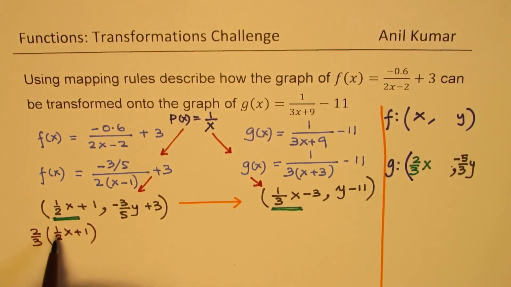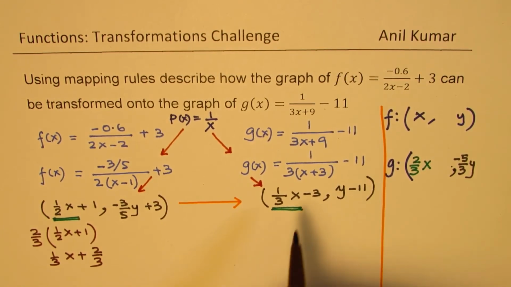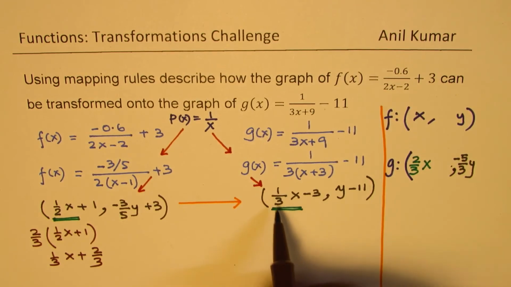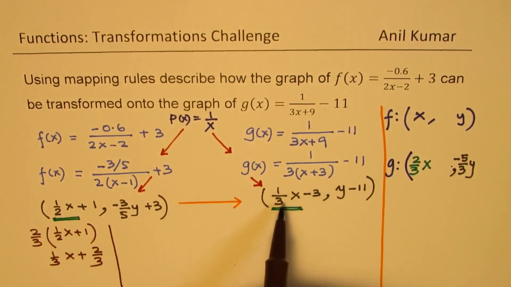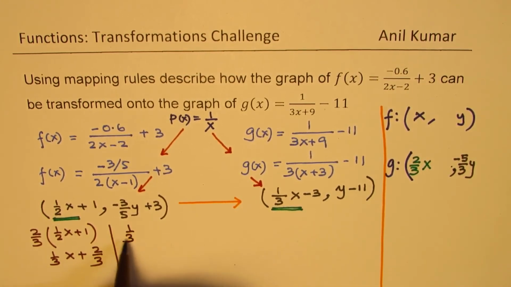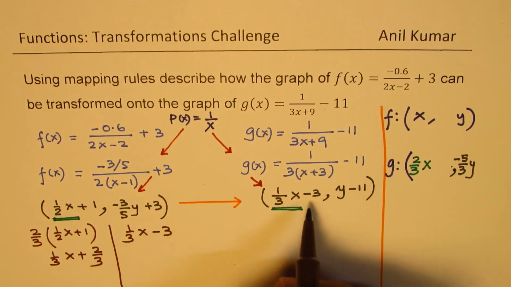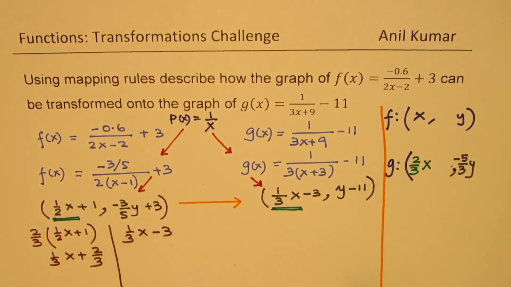If you open this, you really get 1 over 3x plus 2 over 3. Now this has to be compared with 1 over 3x minus 3. Let me write here: this we are comparing with 1 over 3x minus 3. Is that clear to you? So these are the two comparisons which we are making.